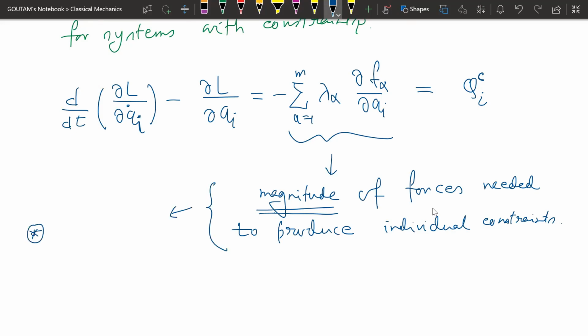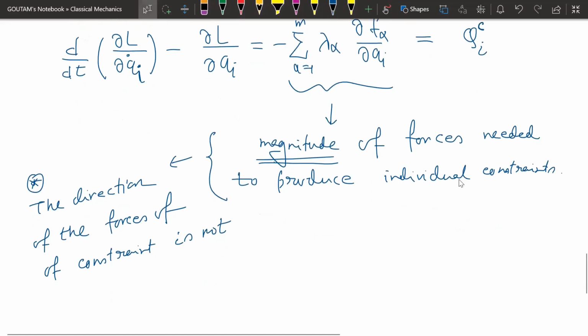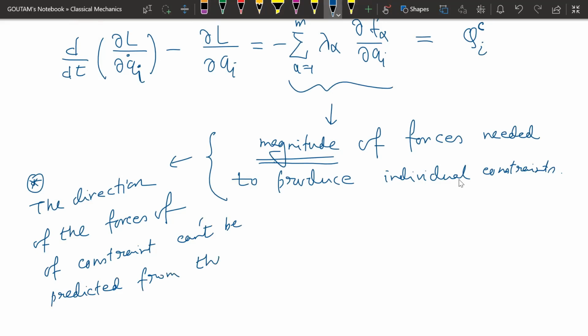So remember, the direction of the forces of constraint can't be predicted from this equation.